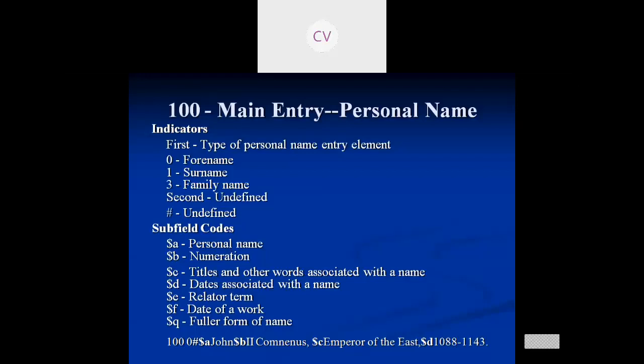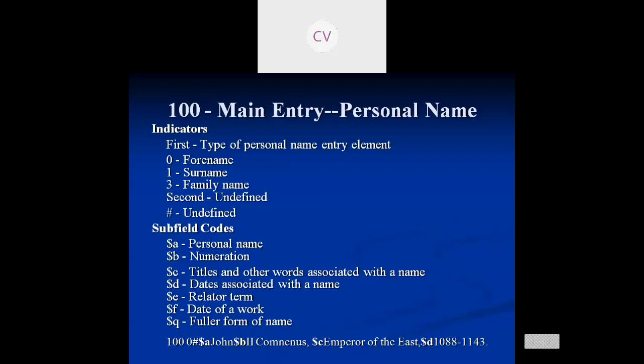For example, let us take Thiruvalluvar. There is no entry element or secondary element, only one element, that is the forename only. So the first indicator value will be 0. When I come to the family name, if the entry element is the family name, then the value will be 3.